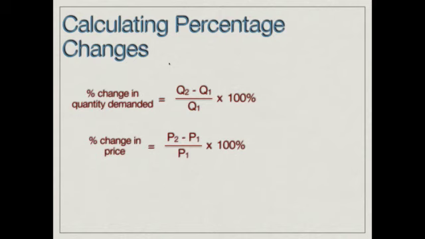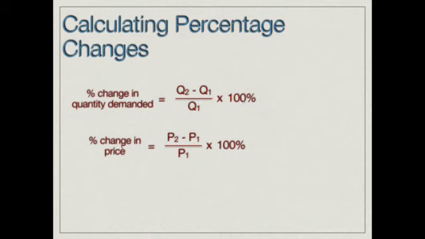Using that information, you'll be calculating the percentage change. If you're looking for the percentage change in quantity demanded, you take the new quantity after the price change, subtract the original quantity, divide by the original quantity, and multiply that by 100. That gives you the percentage change in quantity demanded.